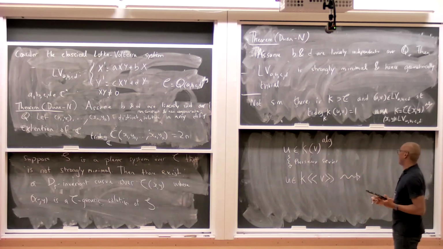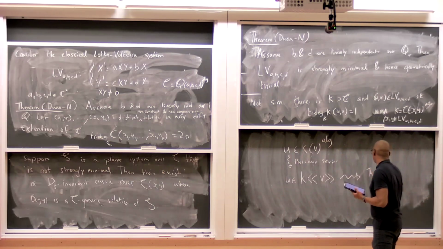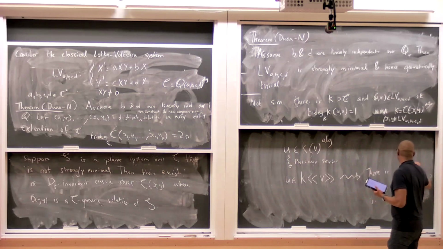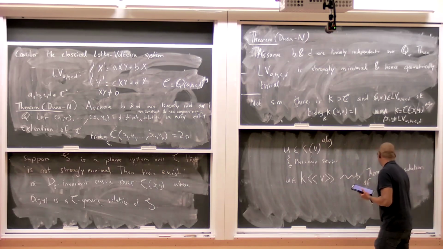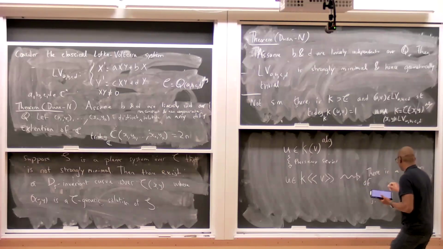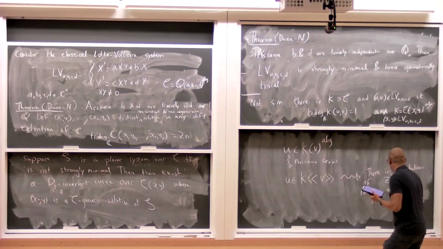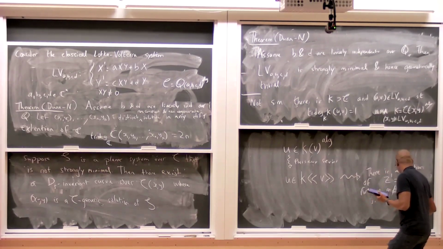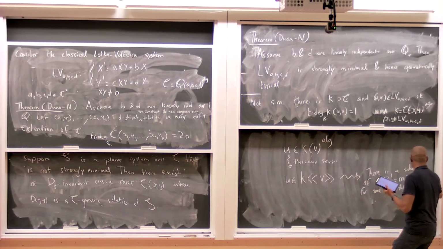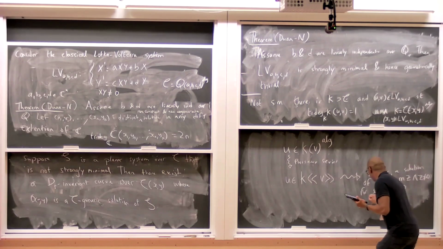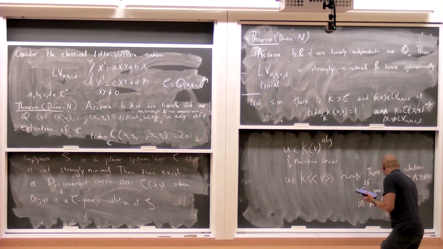By comparing coefficients, there is a solution of the exponential equation, z' = mz for some m not 0, and z itself not 0 in K, which you remember was the field C(x, y).